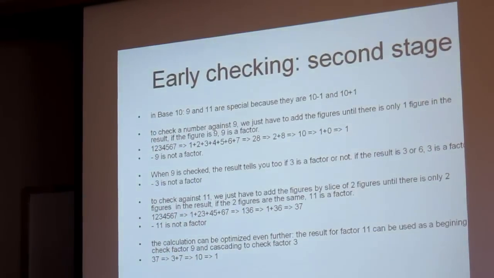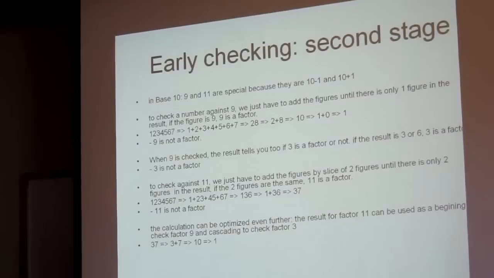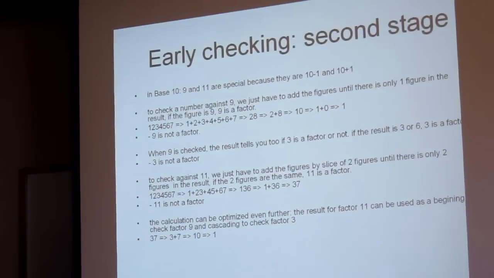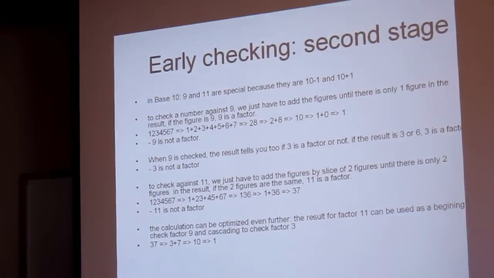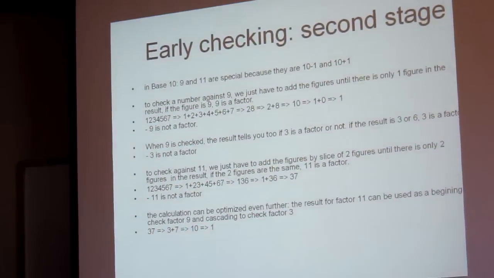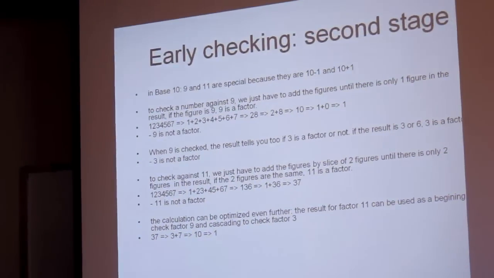To check for a factor like 11, in fact, you have to search whether the 2 digits of the result are the same. If the result was 33, or 11, 11 would be a factor of the number. So it's the same, you have only additions to do to check a number. No need to do a division.